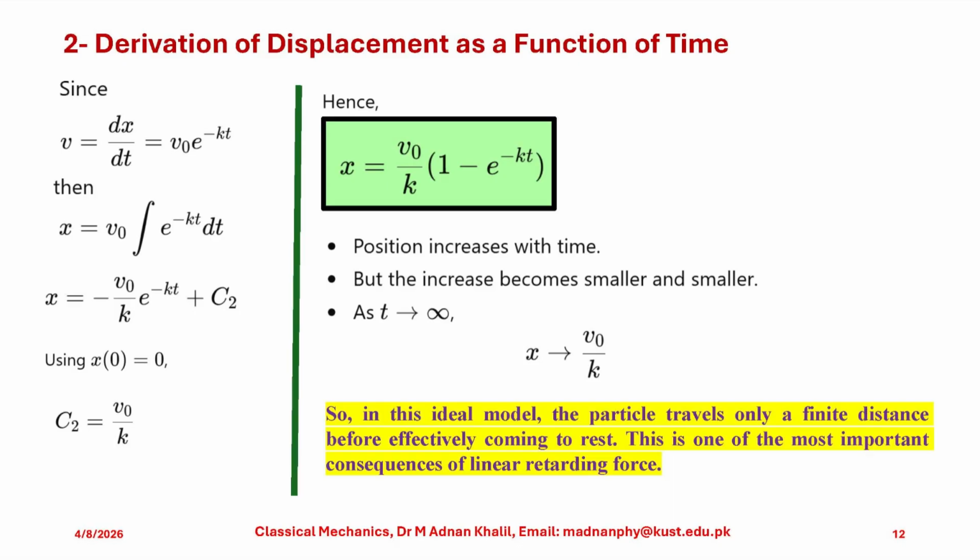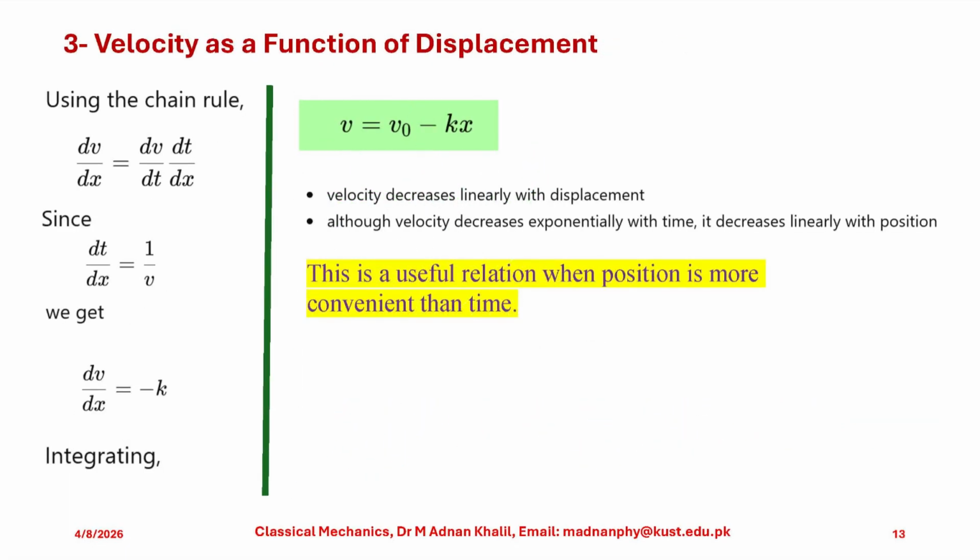Even though the motion continues mathematically for all time, the displacement approaches a fixed limit. So the retarding force eventually removes the motion so effectively that the particle practically comes to rest after a finite distance.